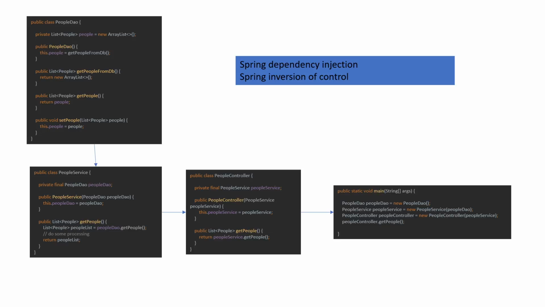Now, what happens if, let's say this example is a Spring application. When a Spring application is launched, behind the scenes, Spring launches something called an application context. You can imagine this as just an object, and basically this is what it is.